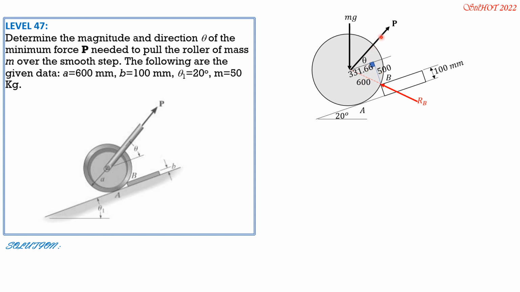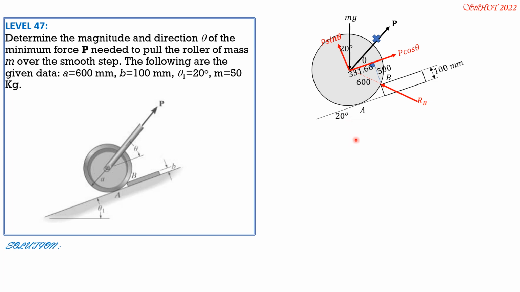Then let's resolve P into components parallel to the incline, P cosine theta, and perpendicular to the incline, P sine theta. And the angle between the weight mg, vertical, and this normal line or axis perpendicular to the incline is also 20 degrees.